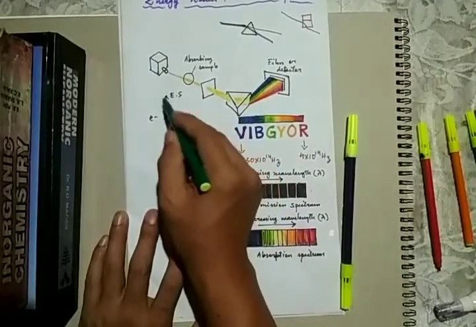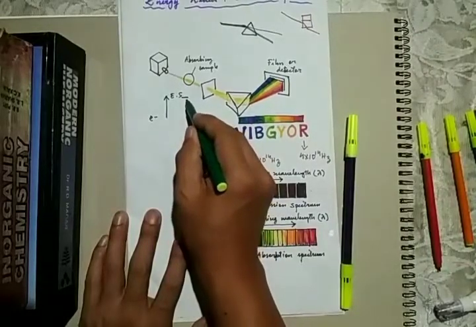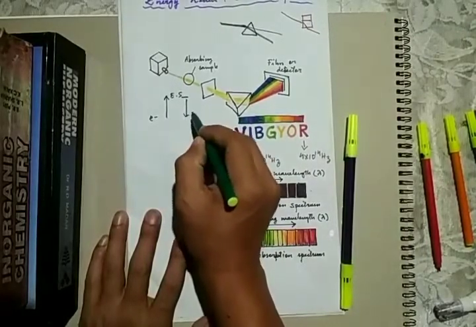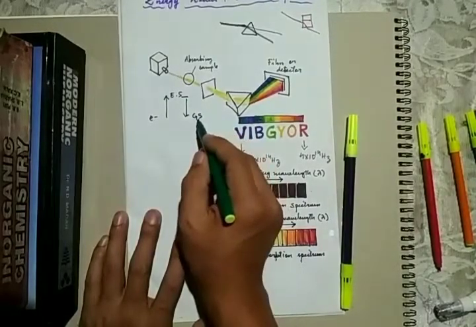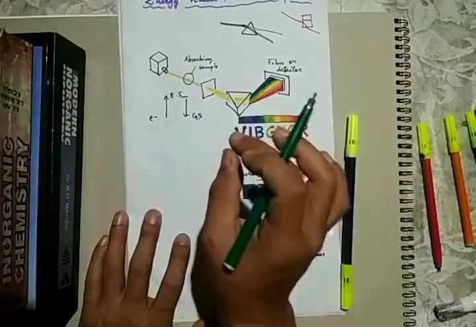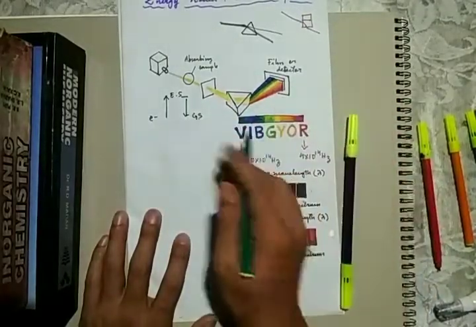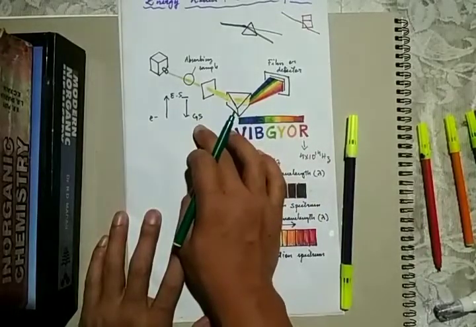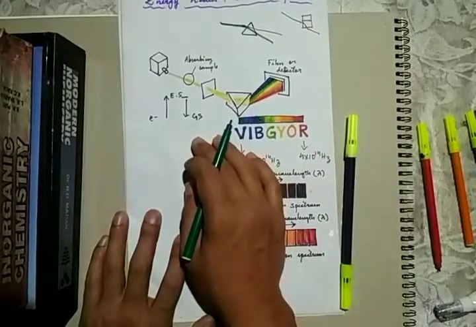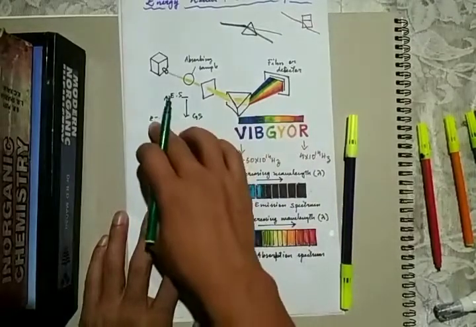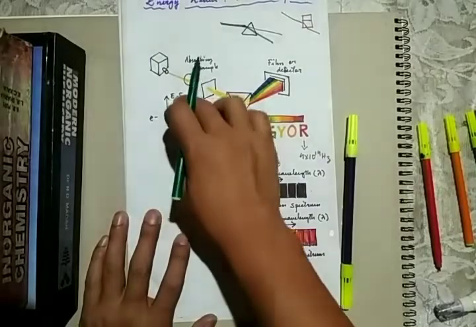They are unstable in the excited state, so while coming back to the ground state, their normal state, they emit radiation.